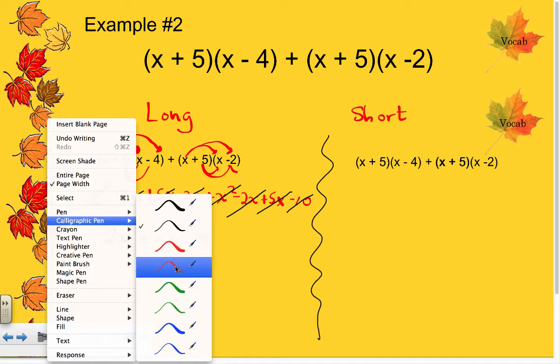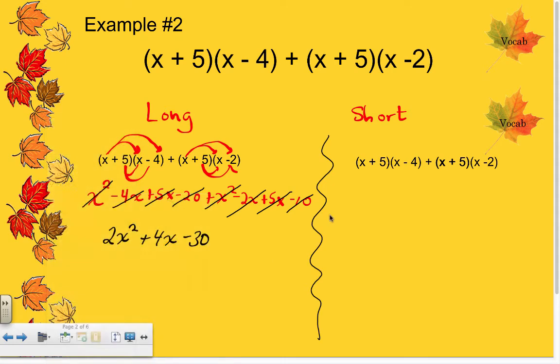Let's do this the short way. The short way involves undistributing. Undistribute. There we go. So in other words, what did I pass out to the class? What does this term right here have that this term here has?